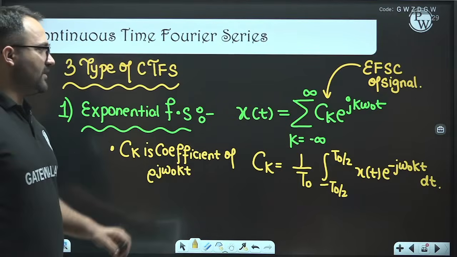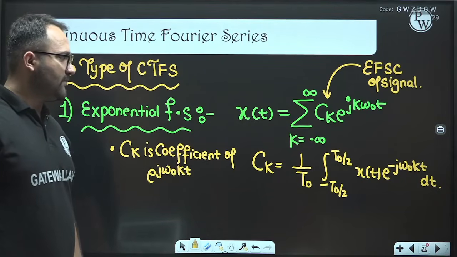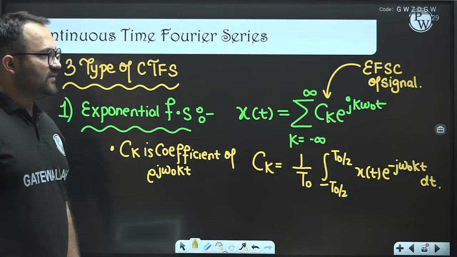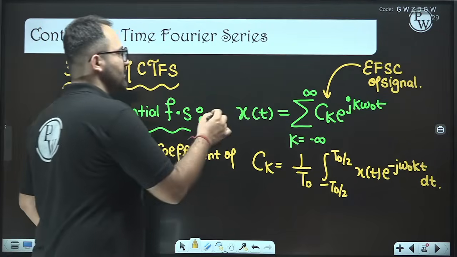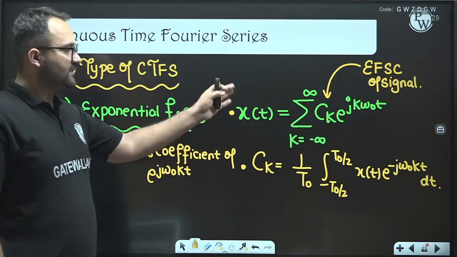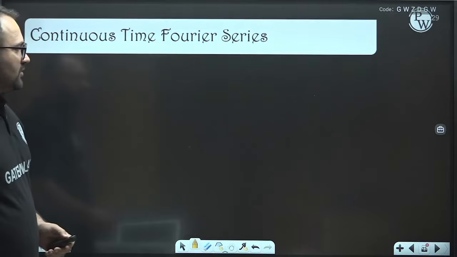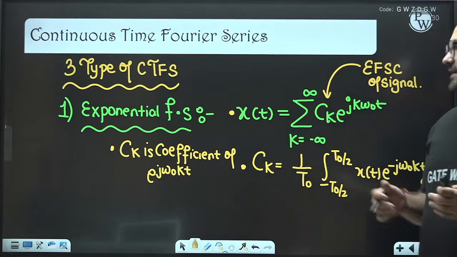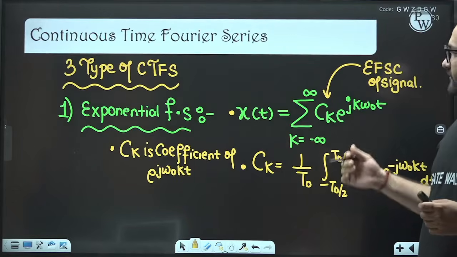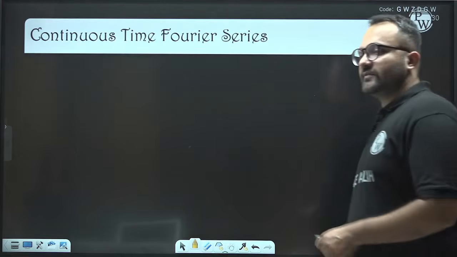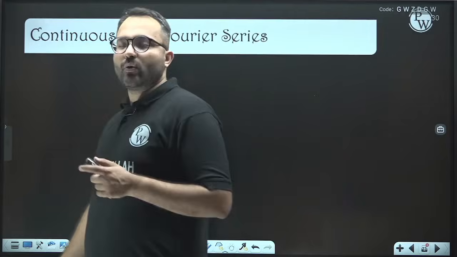This is the formula by which we find c_k. You have to remember these two formulas. This is c_k and this is x(t). This is the first method of writing any signal. Now the second Fourier series is called the trigonometric Fourier series.